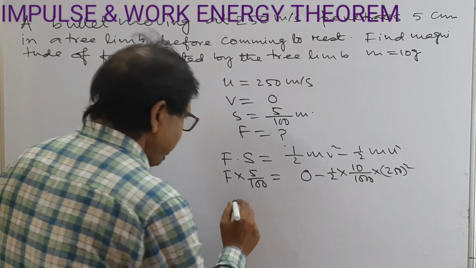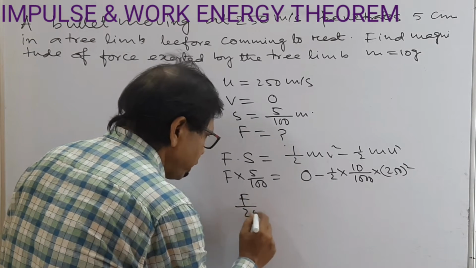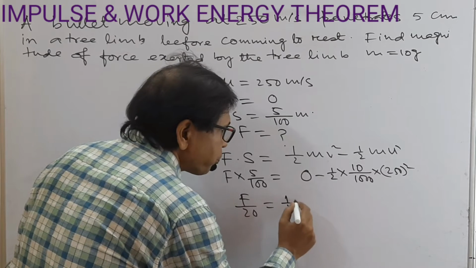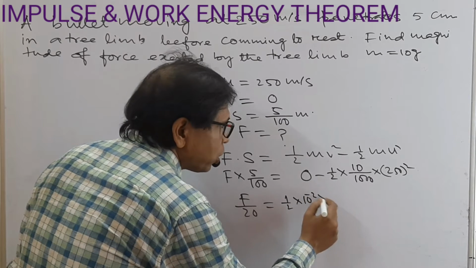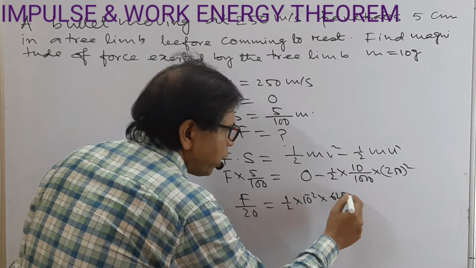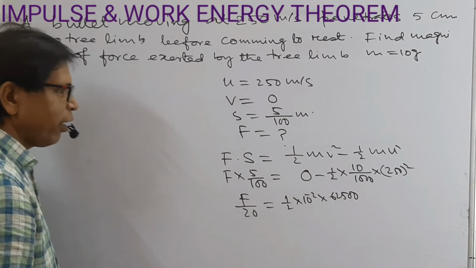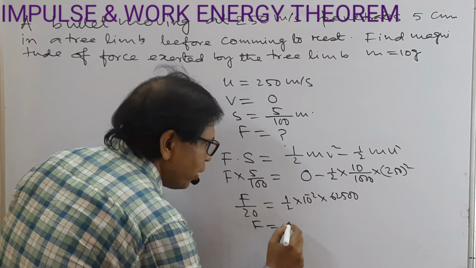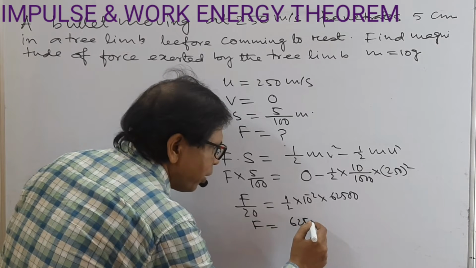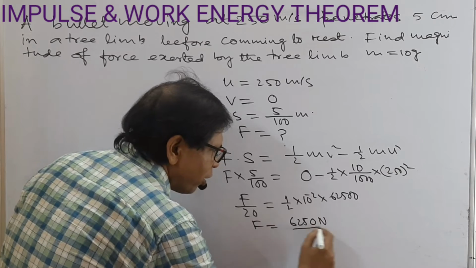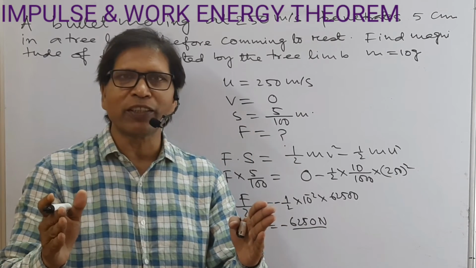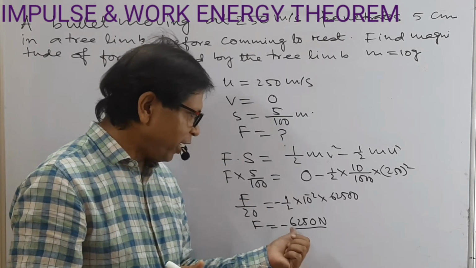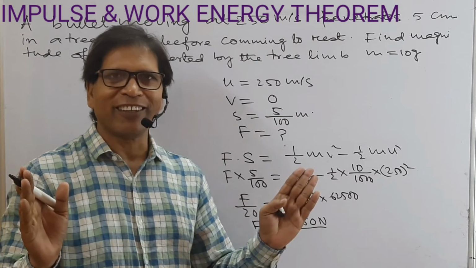So F by 20 is half into 10 to the power minus 2 into 62500. So F equals 6250 Newton. The resistive force acting on the bullet by the limb is 6250 Newton.